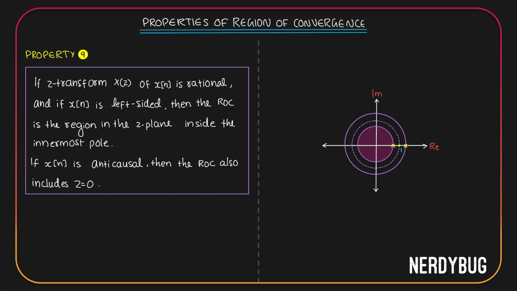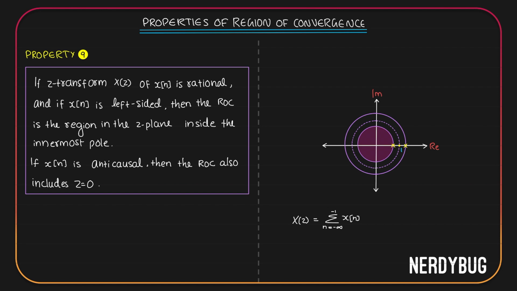But we have to check for z equal to 0. It is written if x of n is anti-causal, then ROC also includes z equal to 0. Anti-causal means n can take only values that are less than 0. In that case, when we write X of Z, we'll be taking summation from n equals minus infinity to minus 1.